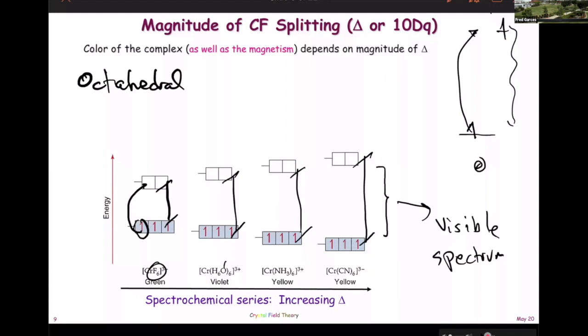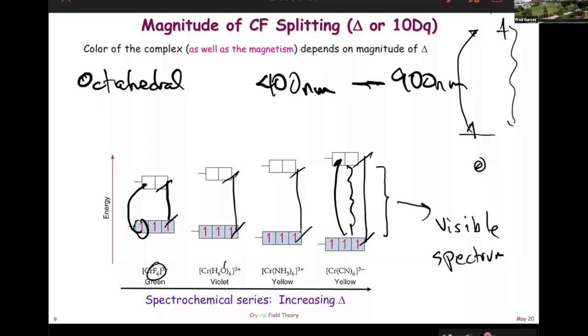Well, the reason why transition metal compounds are highly colored is because this d orbital splitting is within about 400 nanometers to about 900 nanometers, which is exactly the wavelength of light that we can see as colors. That gap is in the visible spectrum. And so we can appreciate when the electron goes to an excited state and then relaxes back down to the ground state, because that photon that is emitted, we can sense.